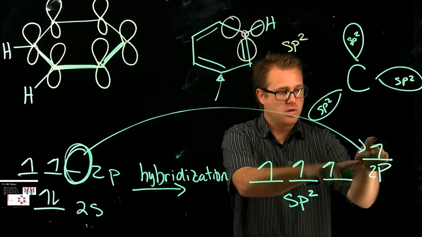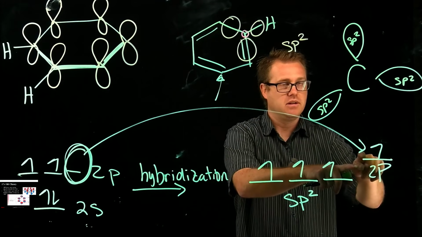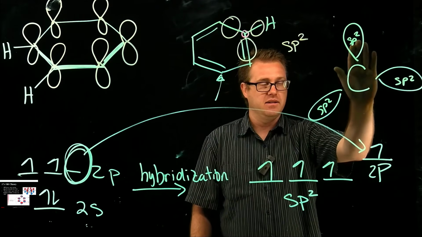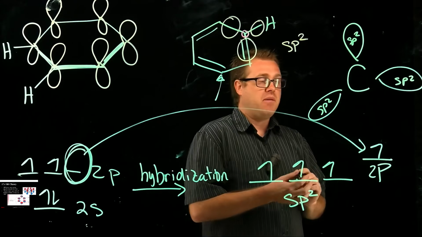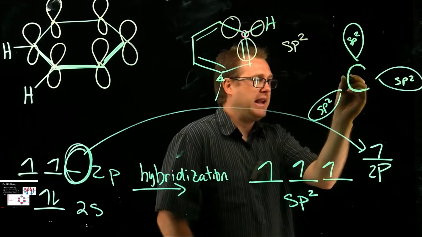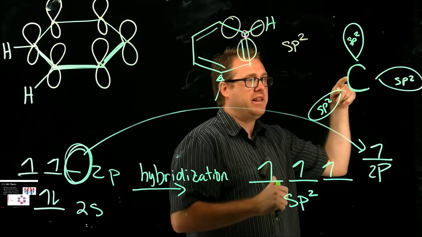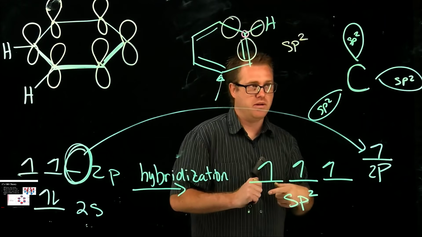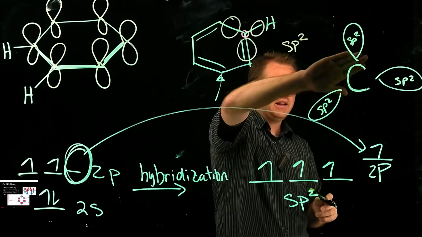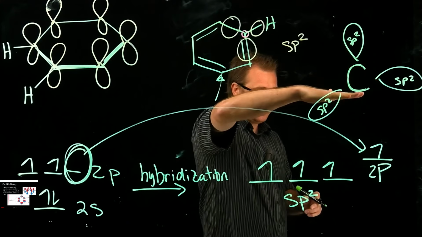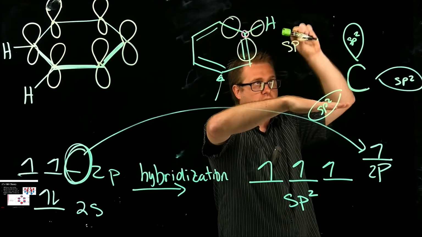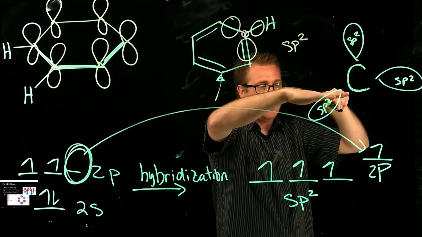But then we still have the p orbital, which is perpendicular to this plane. So the p orbital is going to be coming out of the board, and the other lobe is going to be going into the board. If I take this carbon and flip it like this, you will see the p orbital will be above and below my hand.